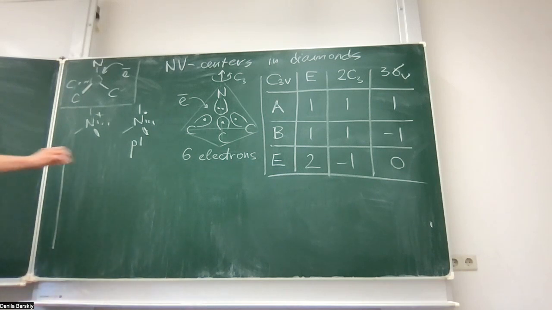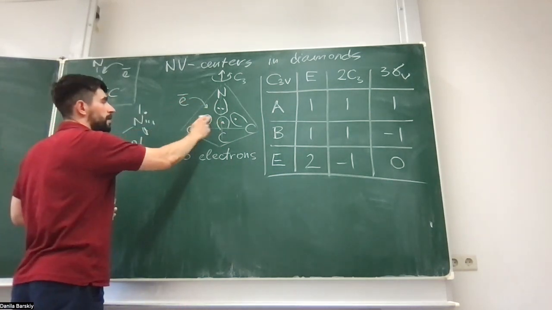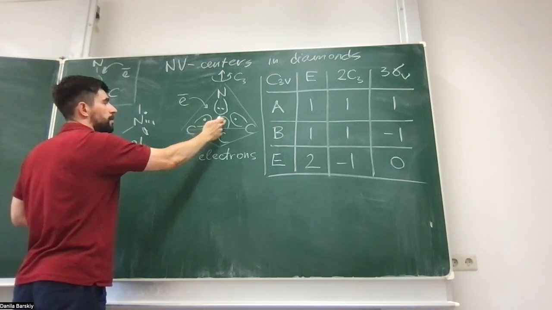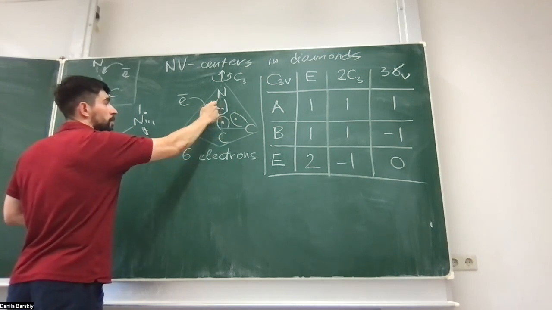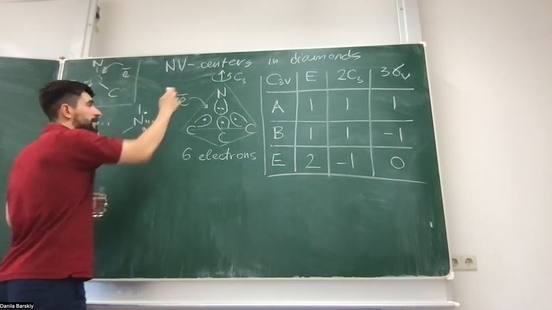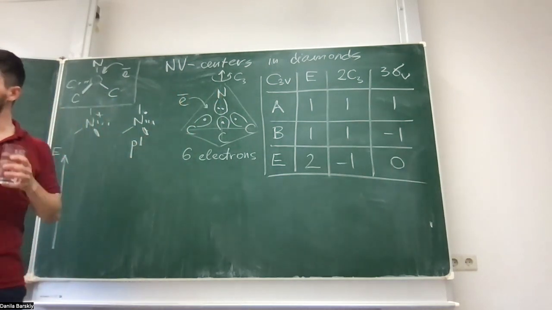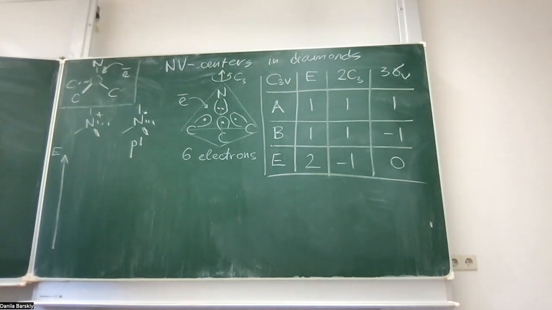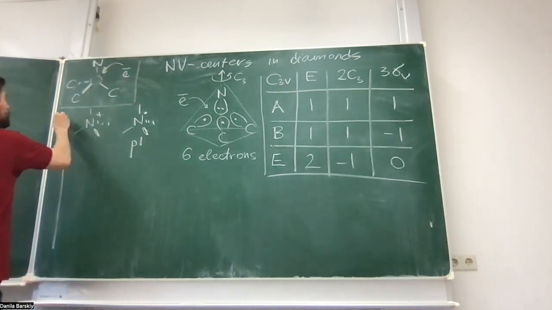It means that in the whole structure here, we have 1 electron coming from each of the carbon atoms, 2 electrons coming from nitrogen, and an extra electron coming from somewhere in the crystal. So yeah, by the way, in this whole crystal structure, you always have also NV neutral.